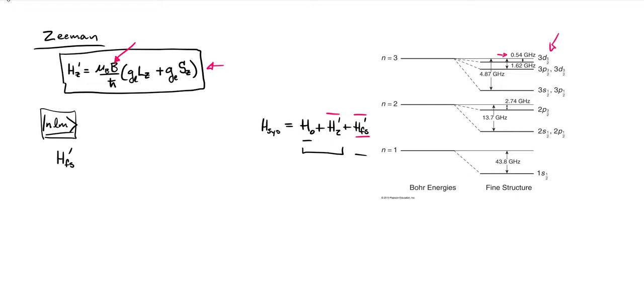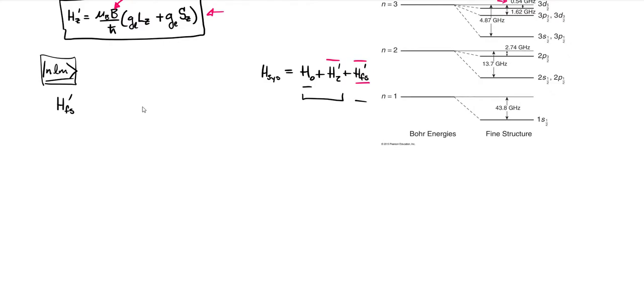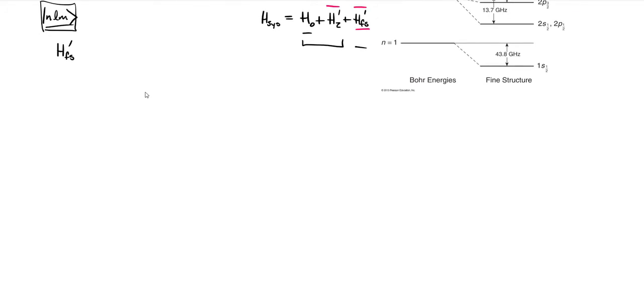So that's what we're going to do next. Today, we're going to look at the low field case, where the magnetic field applied is relatively weak, and we will apply it as a perturbation to our zeroth order Hamiltonian, which is going to already include that fine structure perturbation we previously looked at.